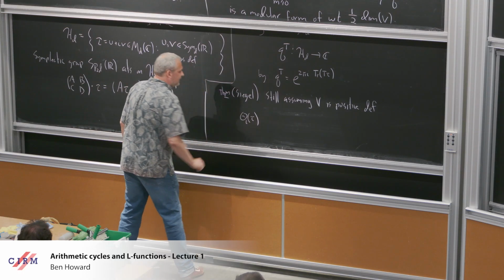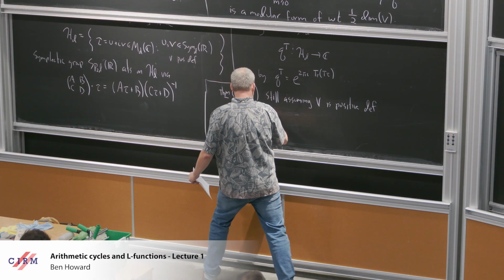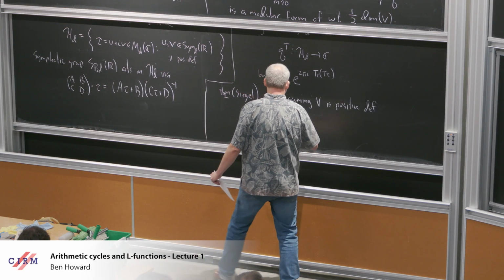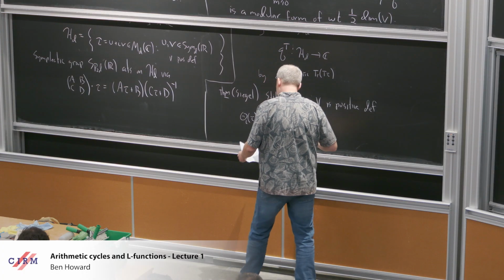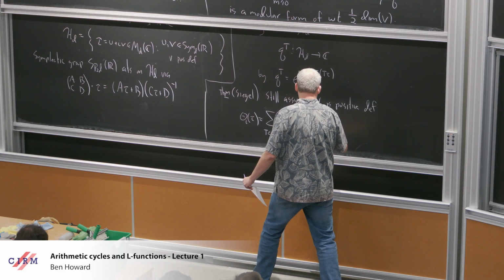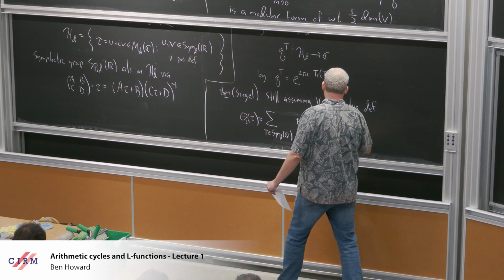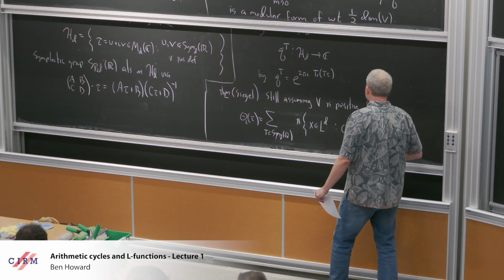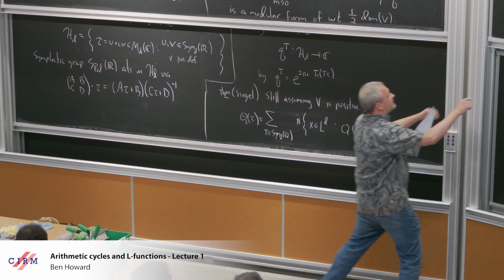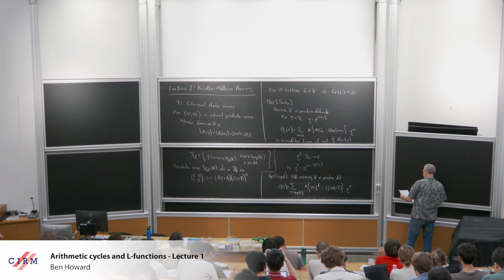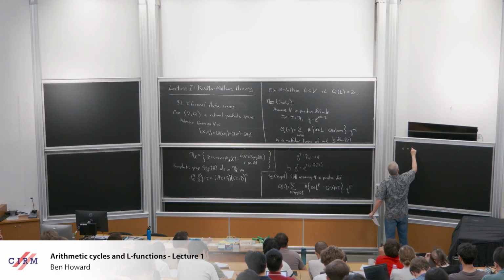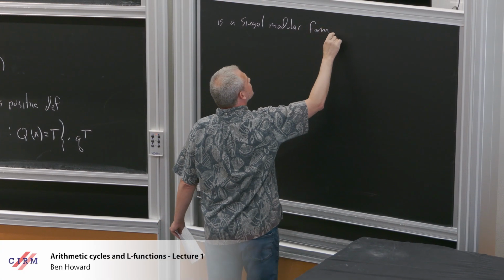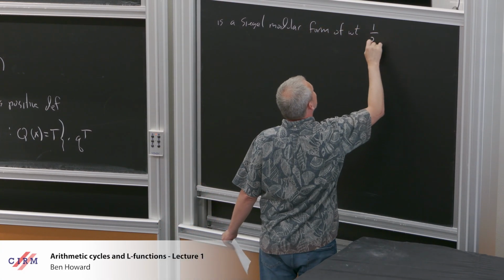Define theta_L of tau to now be the sum over all symmetric d by d matrices t of the number of d-tuples of lattice vectors x such that q of x is equal to t, times q to the t. So this is a Siegel modular form of the same weight as in Jacobi's theorem.